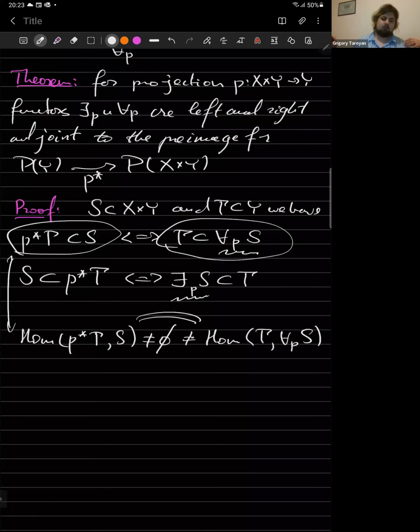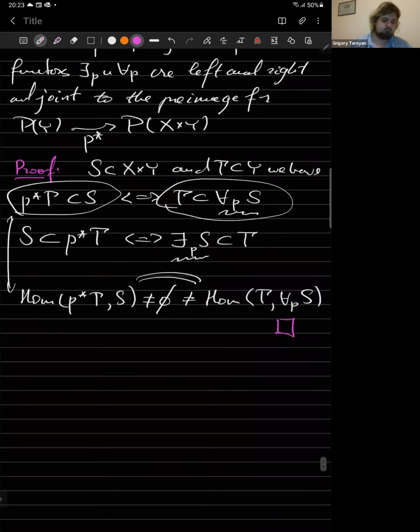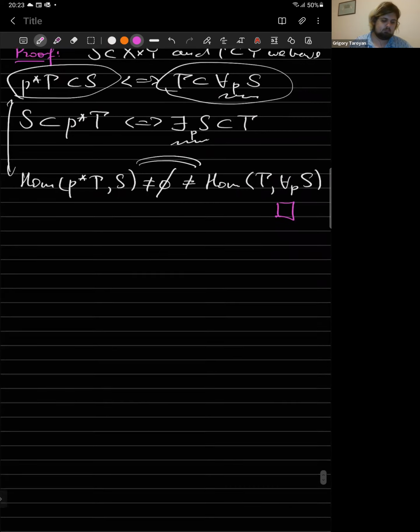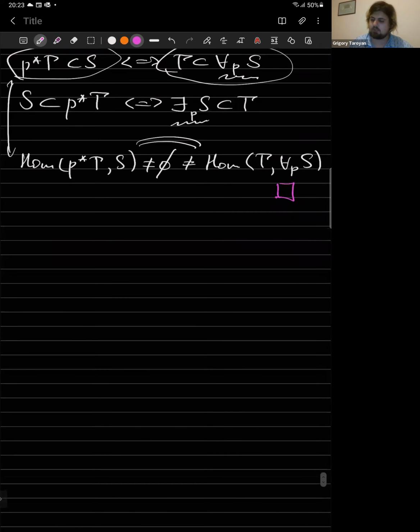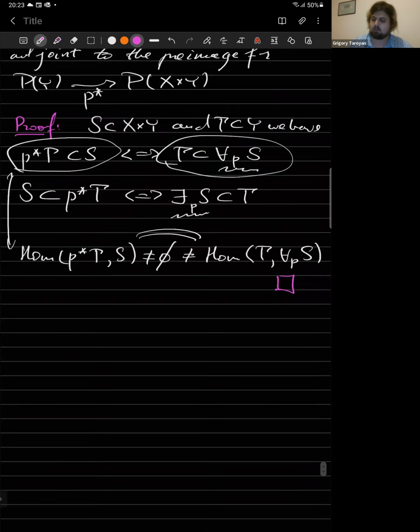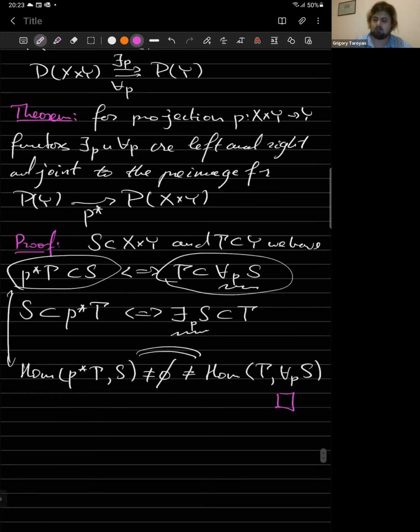And similarly for exists sub p and p star. The same, of course, can be done for another function, not necessarily p.